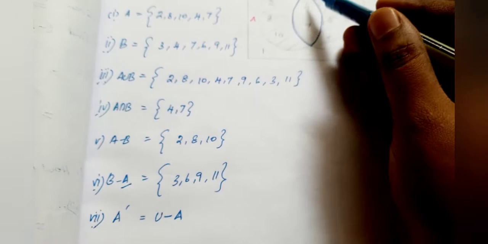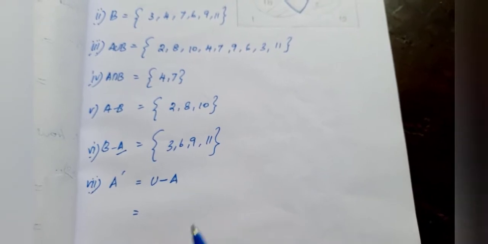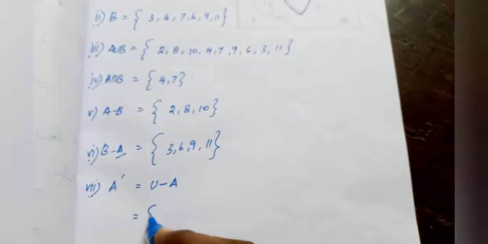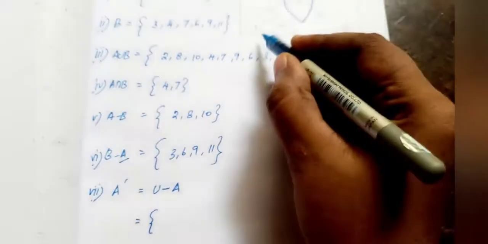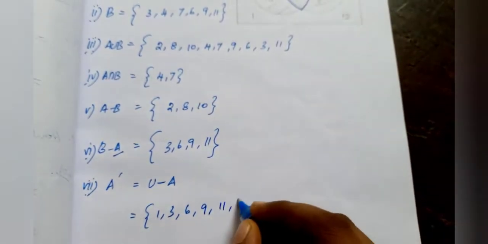So remove the elements of set A, and the remaining elements are 1, 3, 6, 9, 11 and 12. These elements are called A complement.